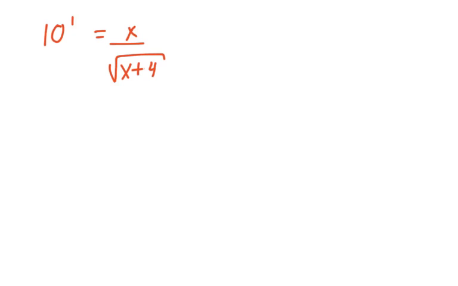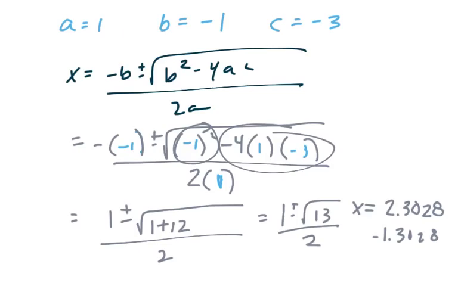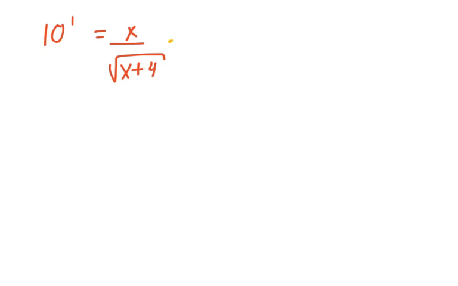Alright, so this is a dream. Let's go ahead and, I had to write it on another page because there's so much. Okay. So, I'm going to multiply both sides by the square root of x plus 4 because denominators with a variable are disgusting. So, 10 times the square root of x plus 4 is going to equal x.